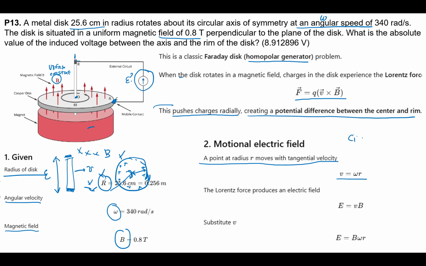This is a circular motion. So when you go back to physics 161, if you have a circular motion with the angular velocity omega with the radius r, then the velocity is given by v equals r omega.